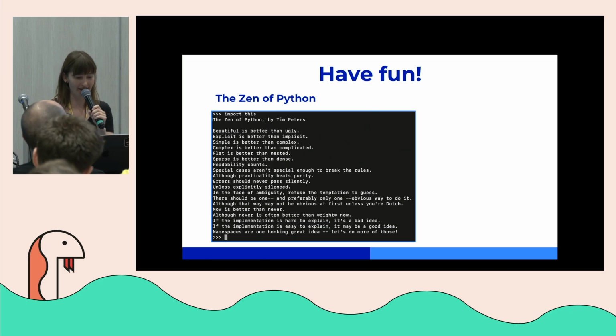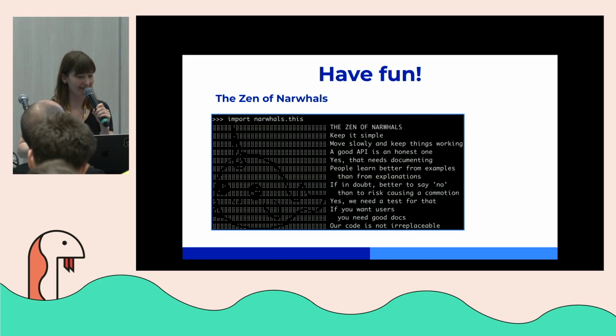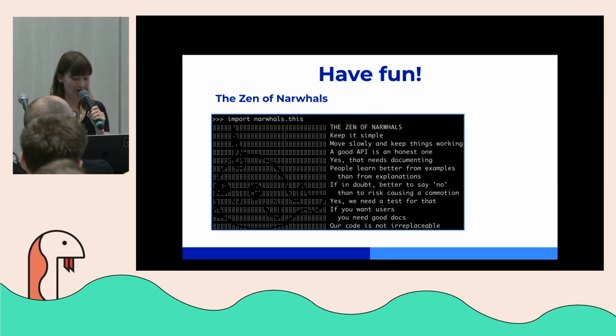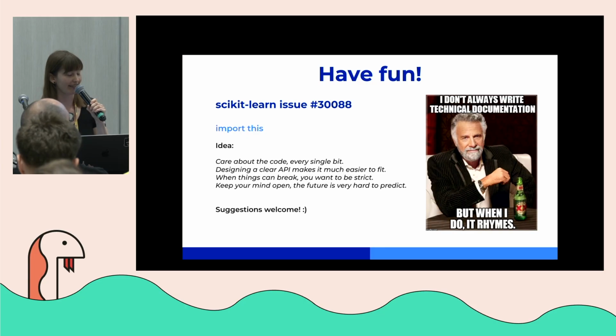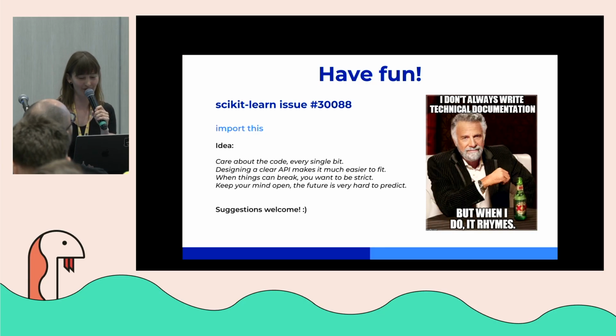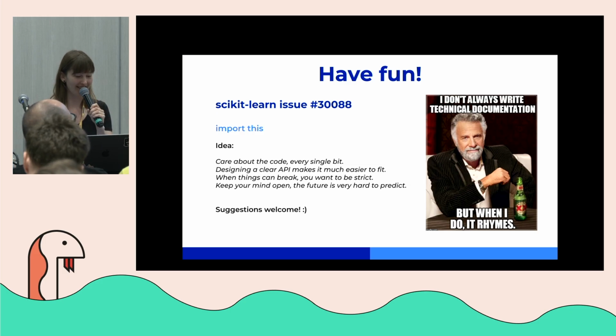So for example, in the narwhals library, there's the Zen of narwhals, which spits out this little poem and a really cute narwhal. And this inspired someone who was contributing to scikit-learn to also write a Zen for scikit-learn, and started an issue, and started with the little poem that he wrote, but no one submitted any suggestions.